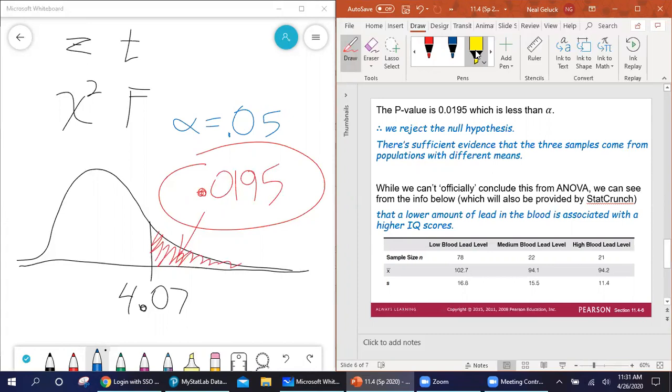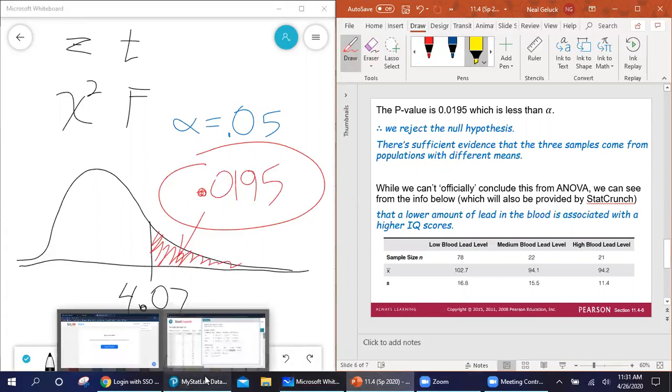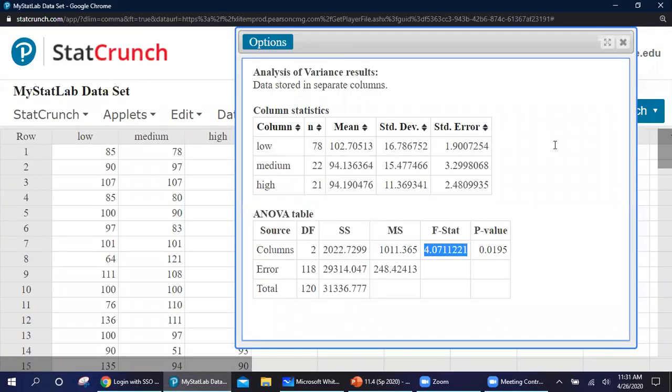And actually this same data in a slightly different format is presented in the analysis of variance. Our low lead level, their IQs were around 102, 103. Once I introduced lead, medium and high groups were both about the same, but they differed from the low.